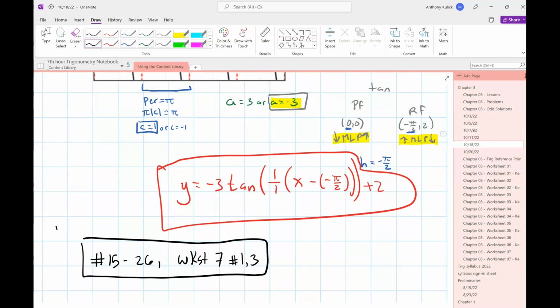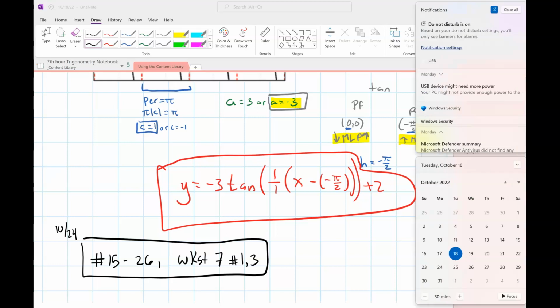So this would be for this weekend. So what's that? The 24th, I think? Is it the 23rd? The days of the week are hard, guys. 23rd.